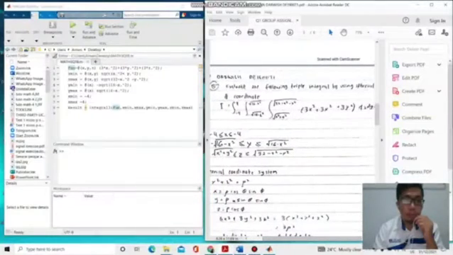And for this one, I use syms to represent x, y, z, the formula of 3 times the square root of 3x to the power of 2 plus 3y to the power of 2 plus 3z to the power of 2, and the z minimum represents the square root of x to the power of 2 plus y to the power of 2, and the z maximum represents the square root of 32 minus x to the power of 2 minus y to the power of 2, and the y minimum represents minus the square root of 16 minus x to the power of 2, and the y maximum represents the square root of 16 minus x to the power of 2.